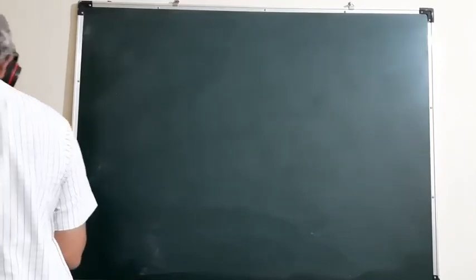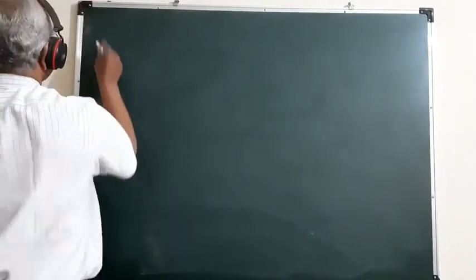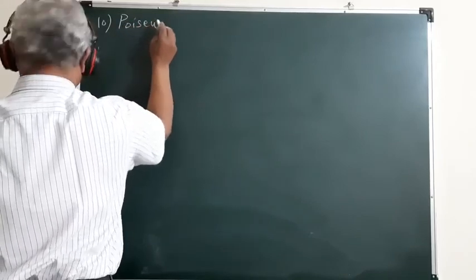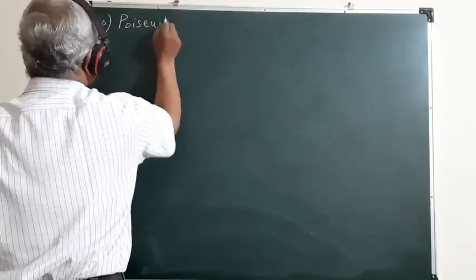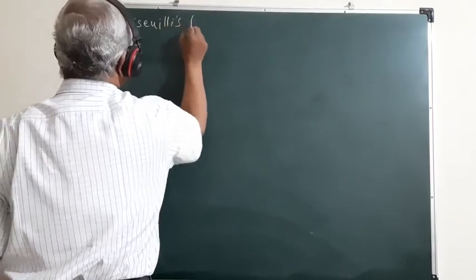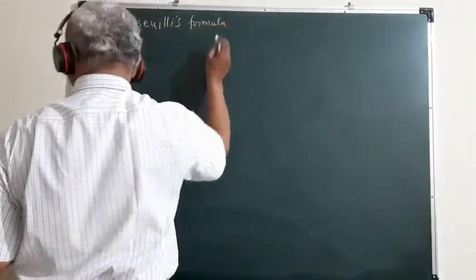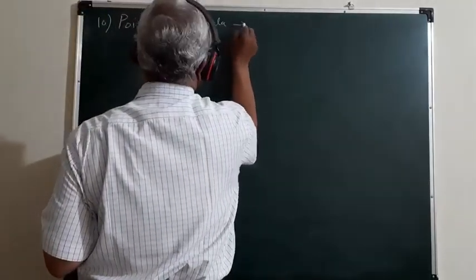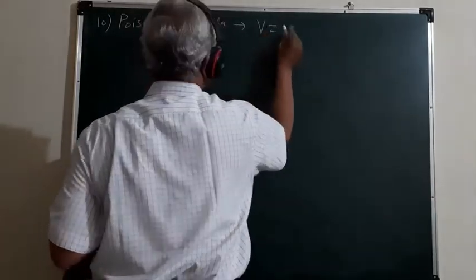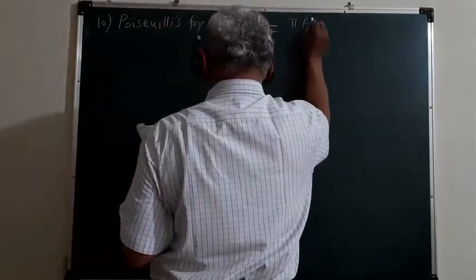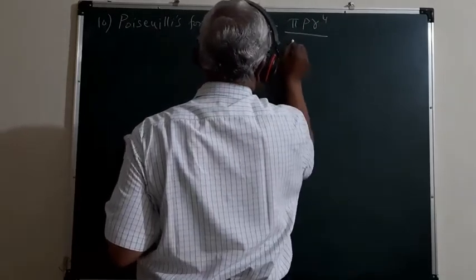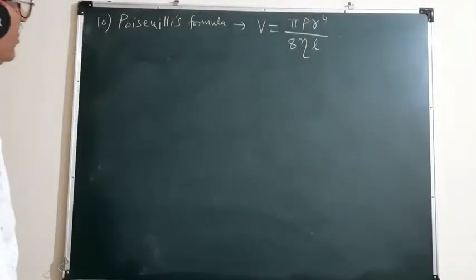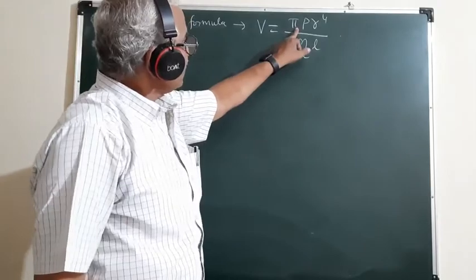Next is Poiseuille's formula for the flow of viscous fluid. The formula is given by phi is equal to pi P r raised to 4 upon 8 eta l, where pi is a constant, as you know.